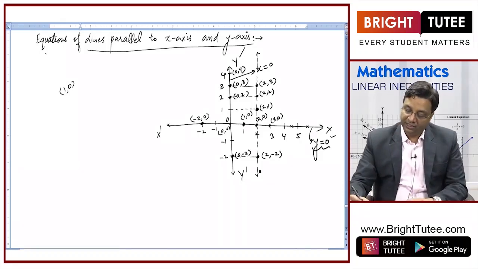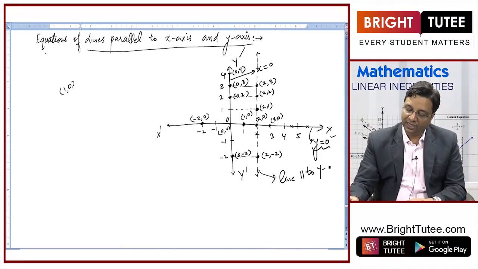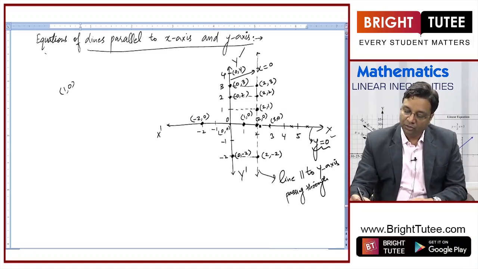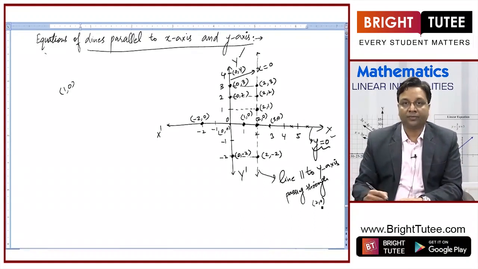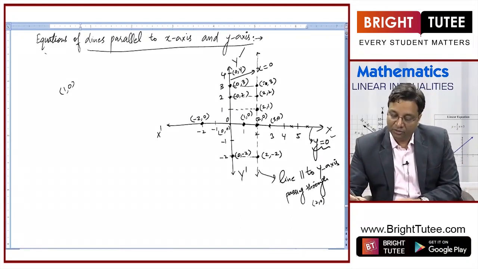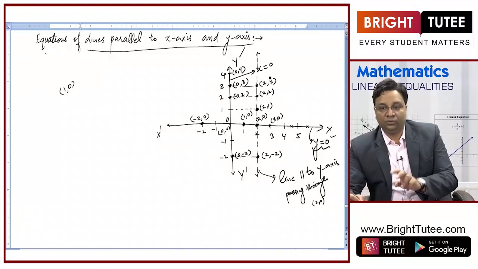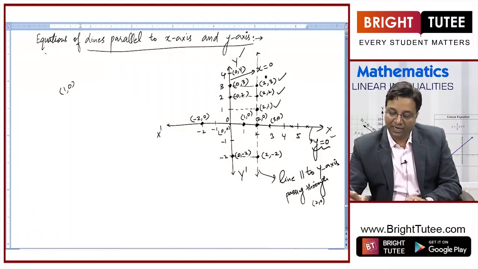So, this is a line parallel to y-axis passing through 2, 0, and the x coordinate is 2 for every point lying on this line.